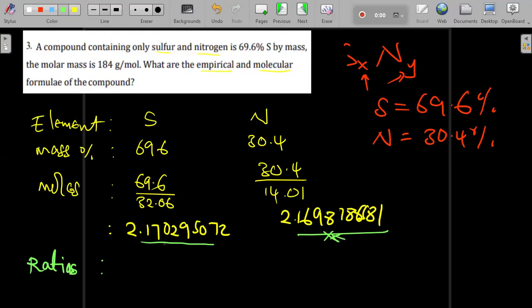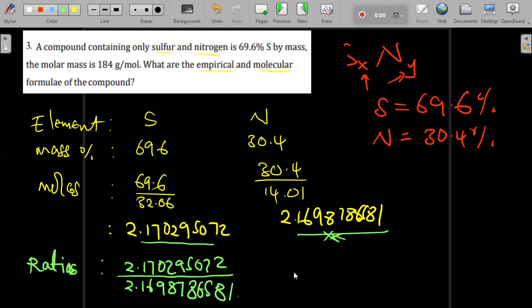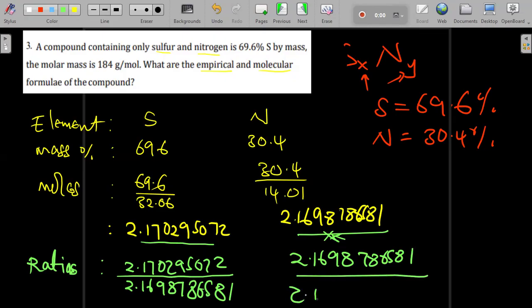To find the ratio, we divide the first number of moles by the smaller number that we have, which is 2.1698786581. And this one here, we're also going to divide by the smallest number of moles, which is itself, so we divide this by 2.1698786581.